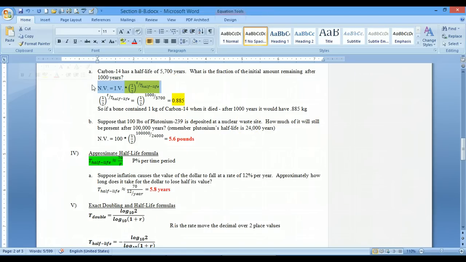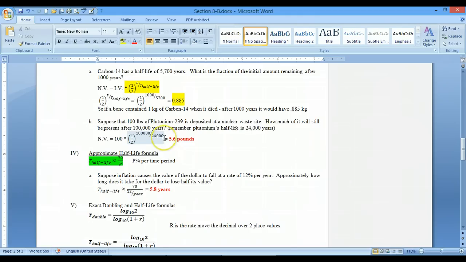In this case, we're going to use the whole formula because we want the final amount. The initial amount was given to us of 100 pounds, and we take 1/2 raised to the time elapsed, which was given as 100,000 years, divided by the half-life of 24,000 years.